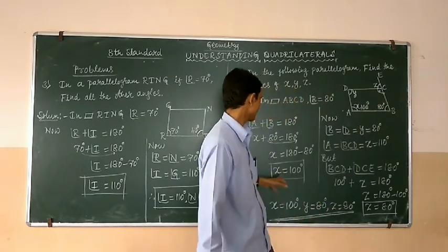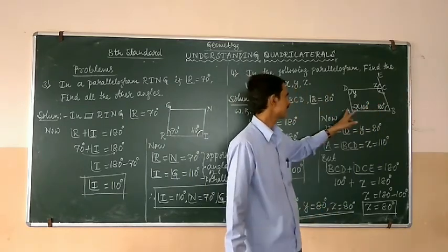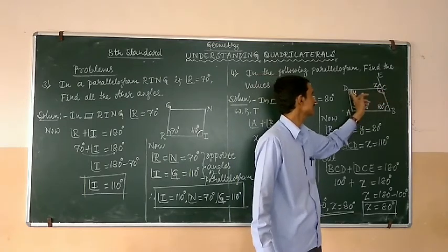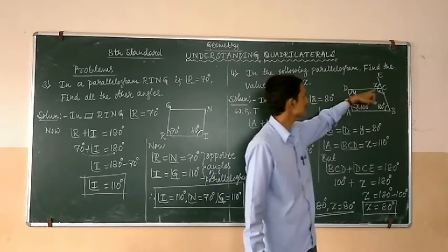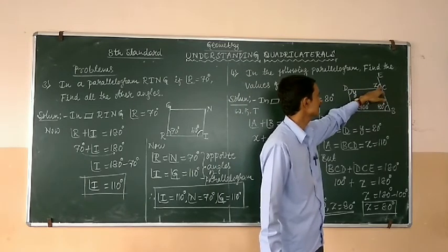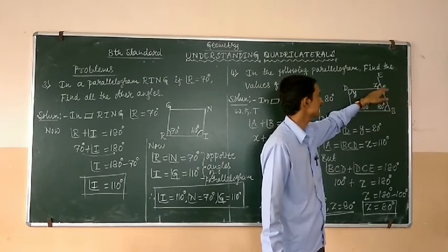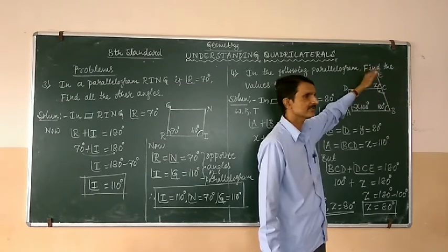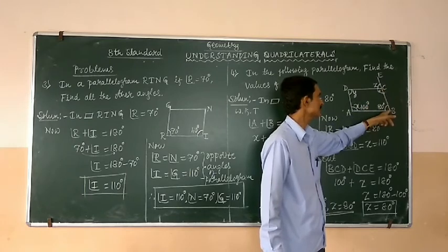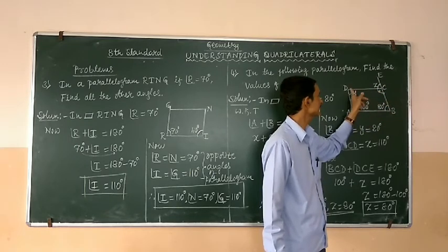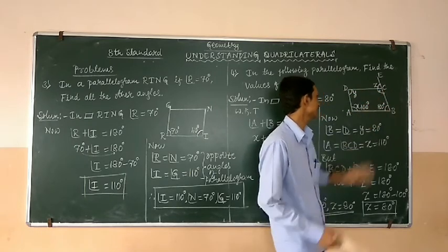Now students, the opposite angles: angle A is equal to angle BCD. Here we have to take the value of BCD, because if we simply say C, it may be the exterior or interior angle.